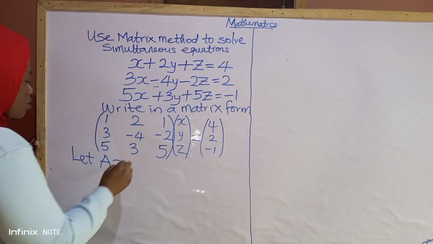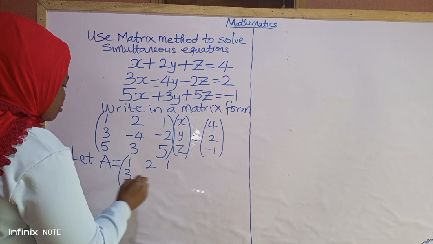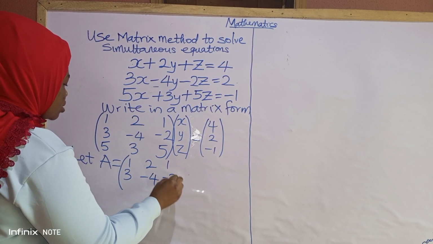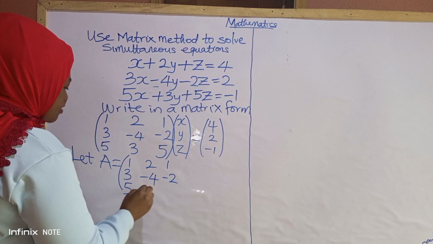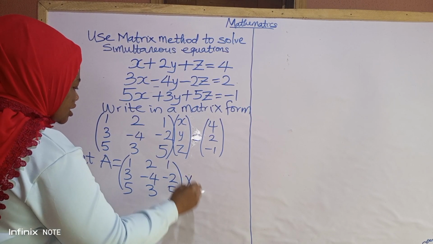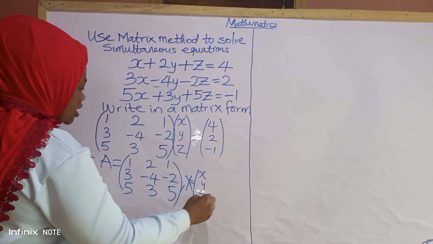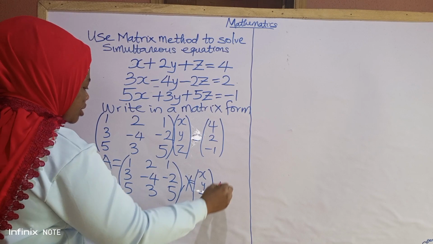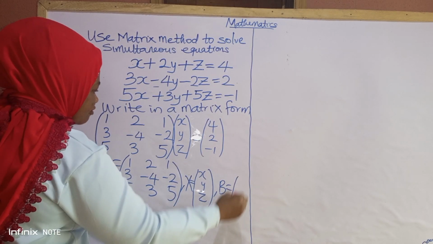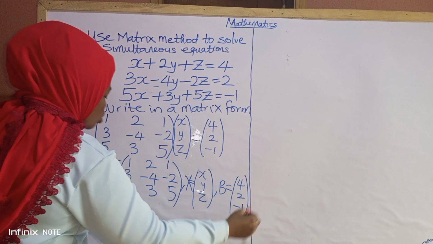So after arranging it in matrix form, we now say that let A be equal to 1, 2, 1, 3, minus 4, minus 2, 5, 3, 5, and let X be equal to x, y, z, and B, for any alphabet B, 4, 2, minus 1.